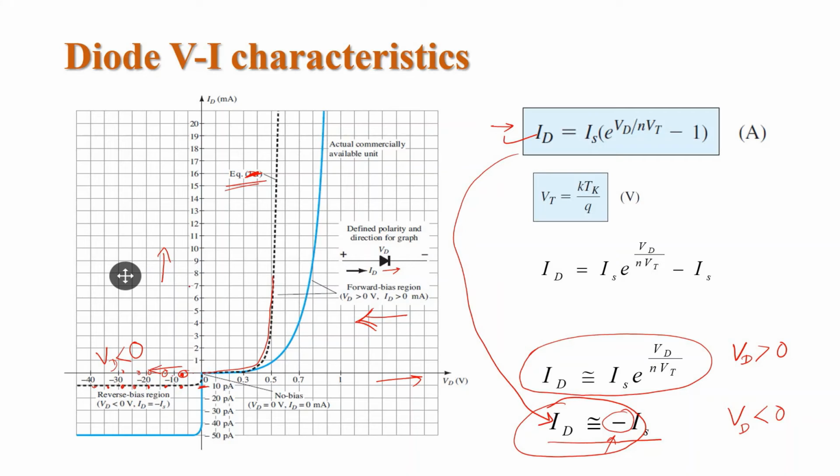And you should pay attention that in the forward bias, we are increasing the VD in the graph in tenths of volt. That means if this is 0, then this is 0.1, then 0.2, 0.3, 0.4. So we are increasing from left to right in tenths of volts.